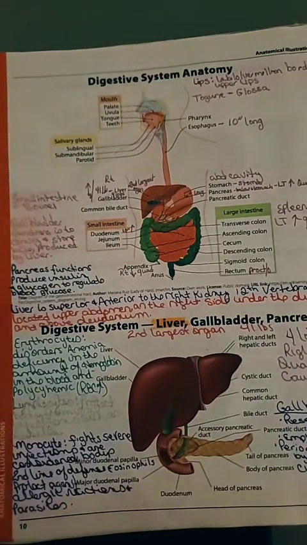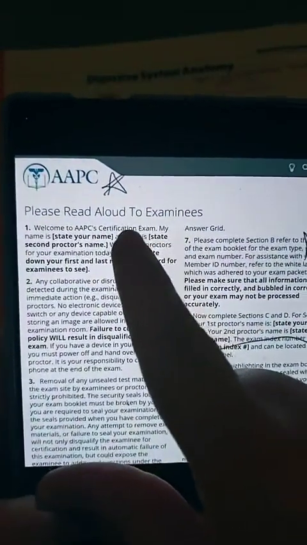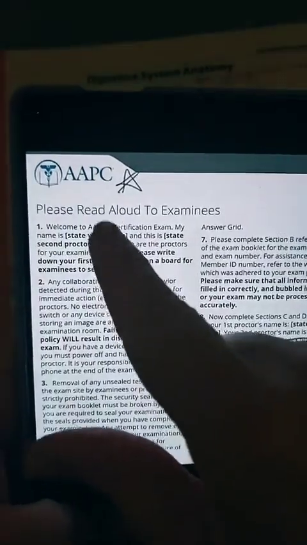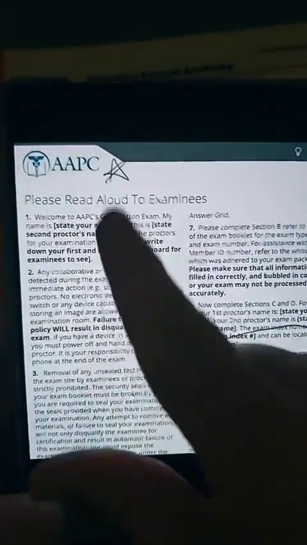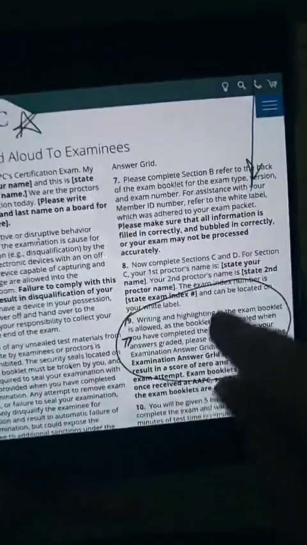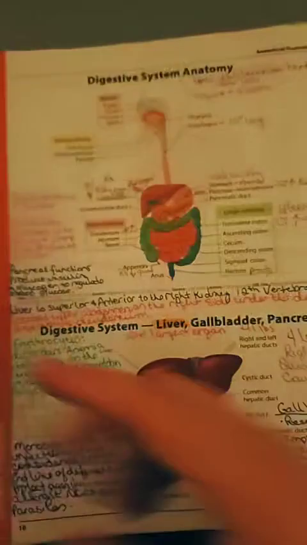It'll say the same thing. This is from AAPC. These are the instructions that the proctors are supposed to read out loud to the examinees as they're taking their exam, and it does say that writing and highlighting in your book is allowed.